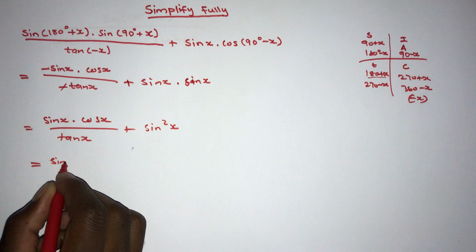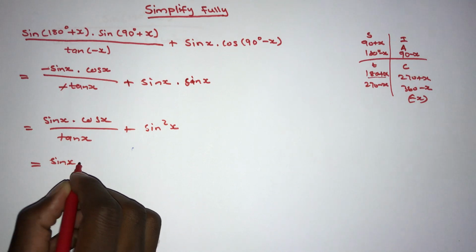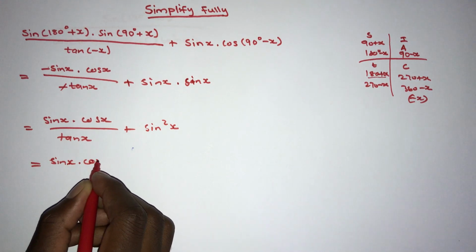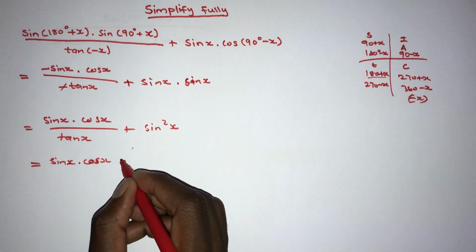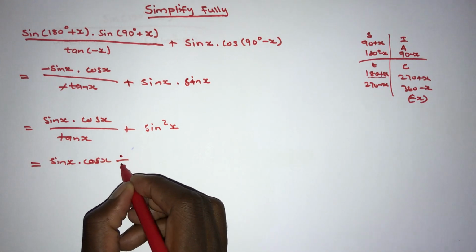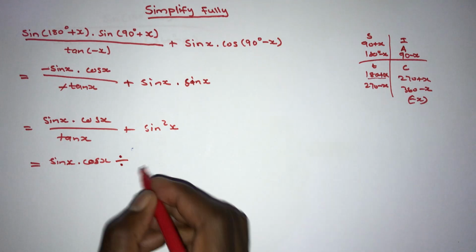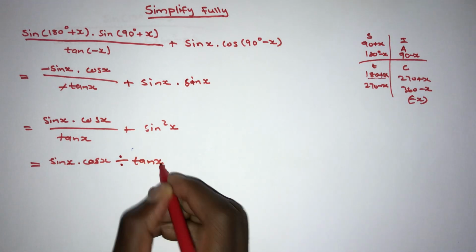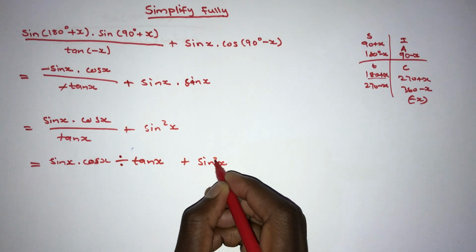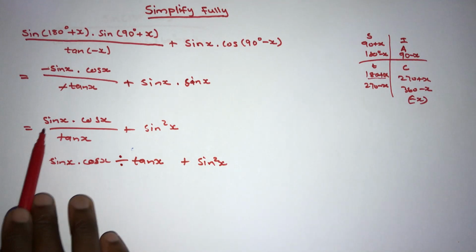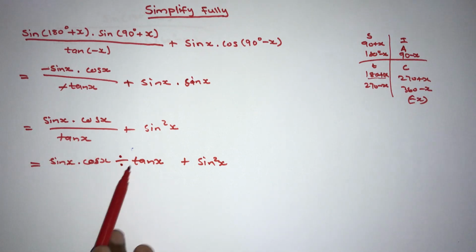So this is sine x times cos x, and we're still dividing by tan x, then plus sine squared x. We just carry the division across, it's still a division, we didn't change anything.